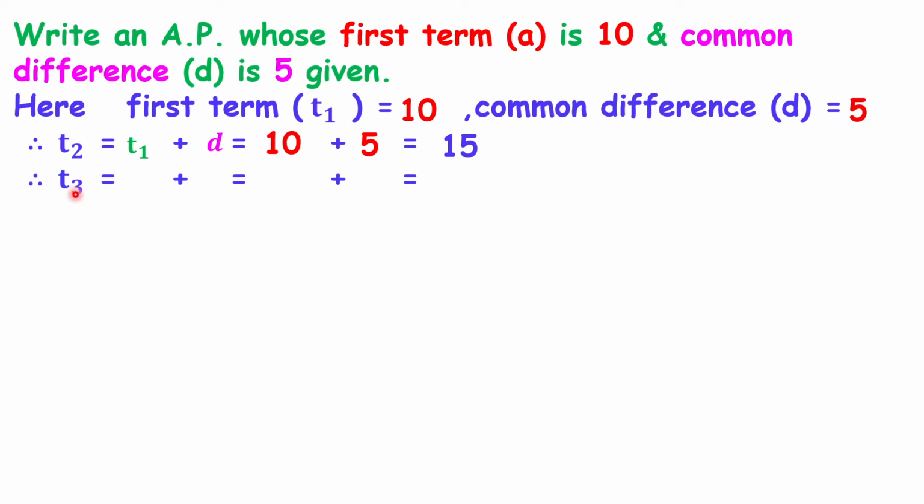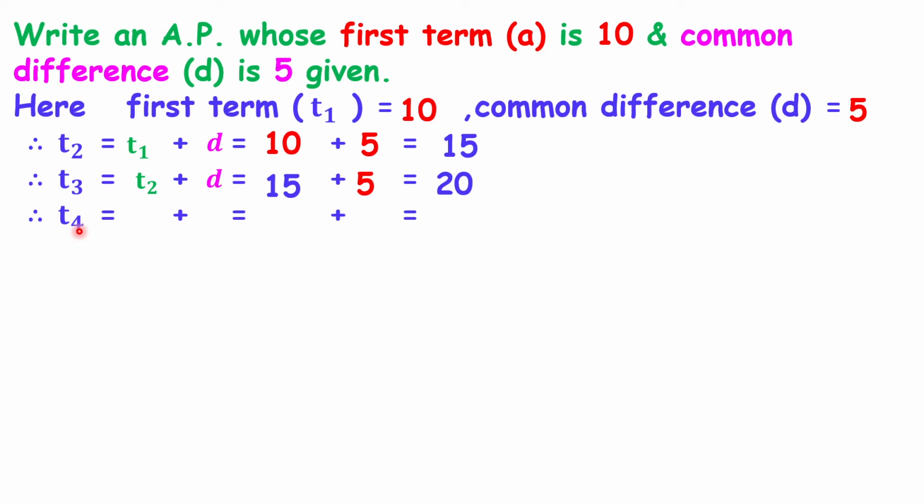Now how do we find the third term? We add the common difference to the second term, that means T2 plus D. T2 is 15 plus D is 5. 15 plus 5 is equal to 20. Now the fourth term.